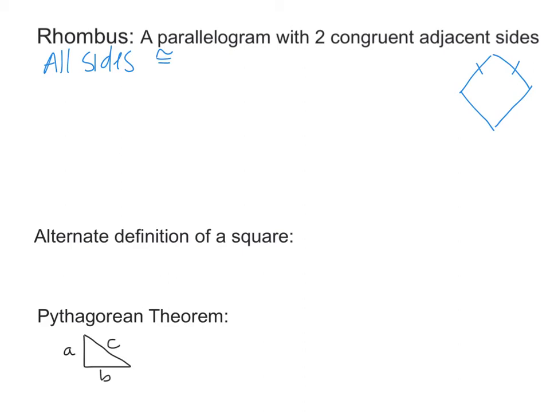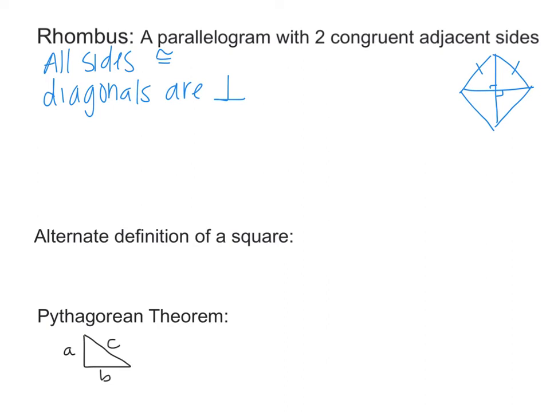And still, when I talk about my diagonals, they're also perpendicular. Okay? So that's what we talk about with a rhombus. This does not mean anything about the angles in here.